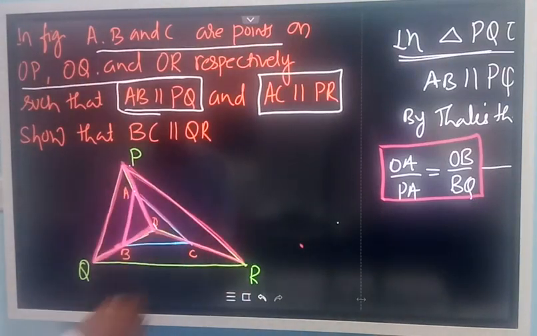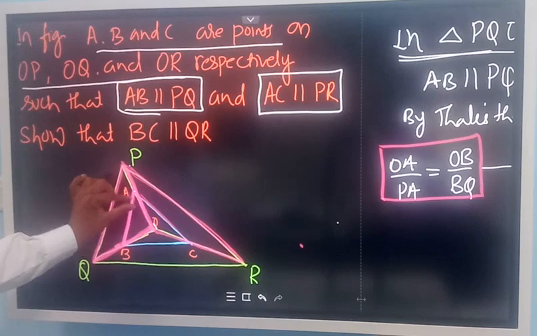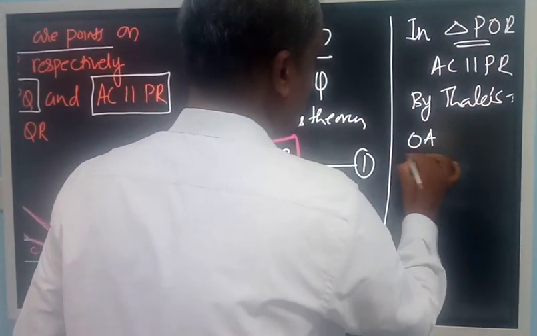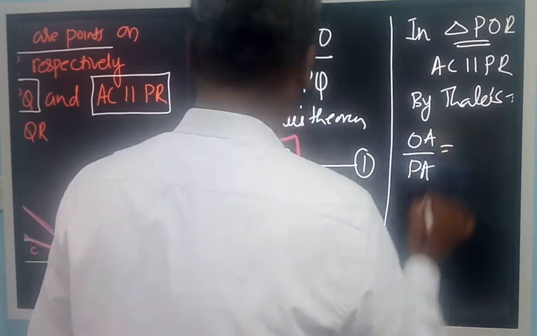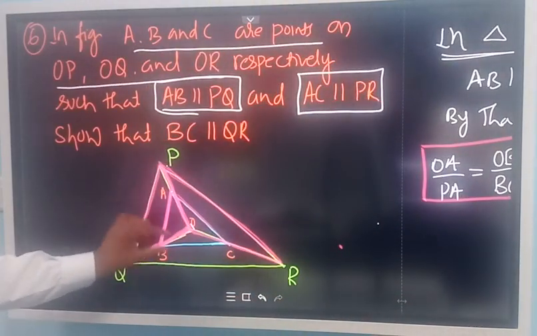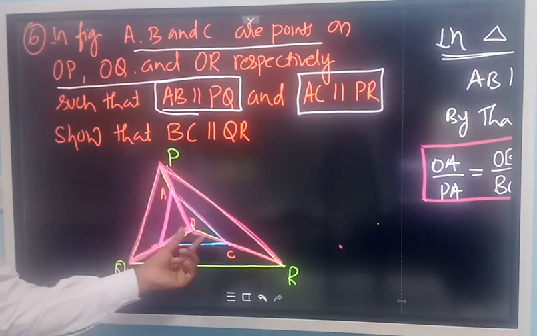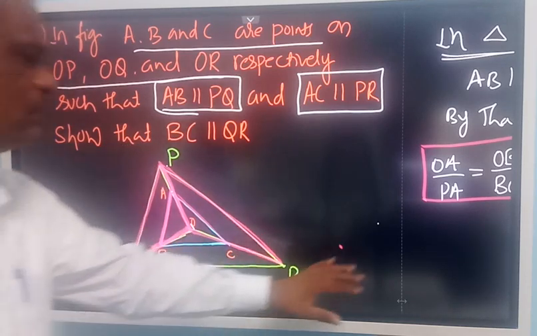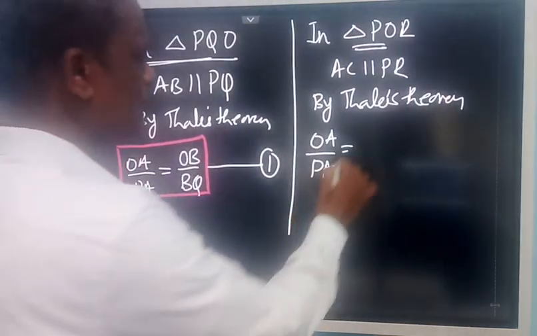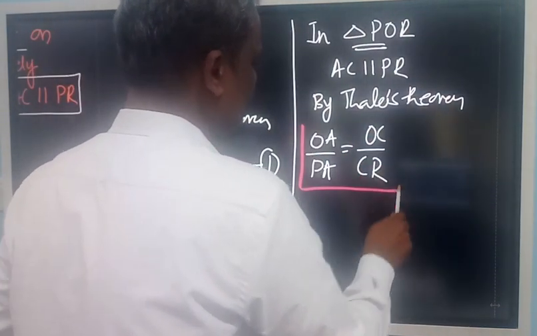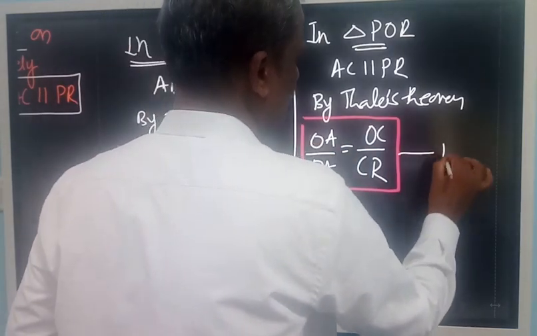AC parallel to PR means we can write OA by PA will be equal to, look at the diagram and tell me, OC by CR. Let us call this equation number 2.